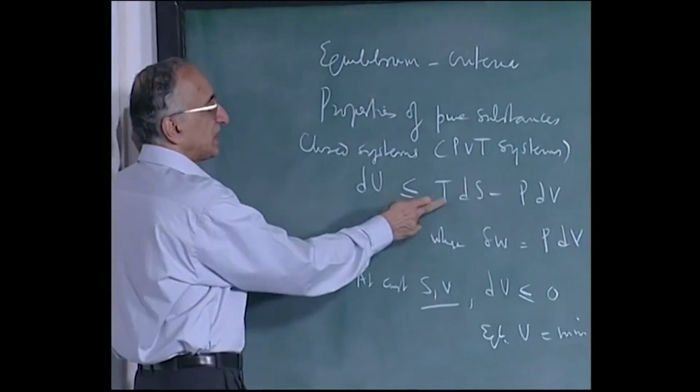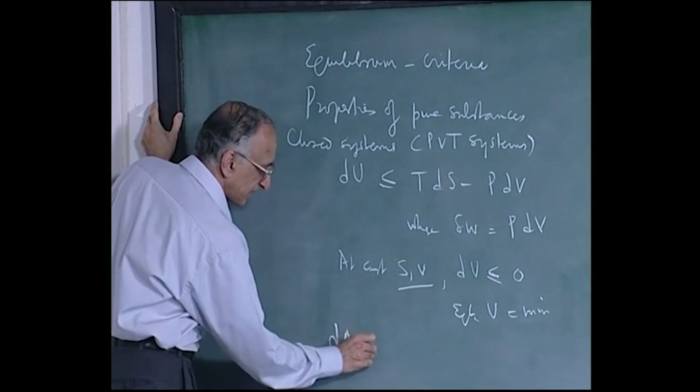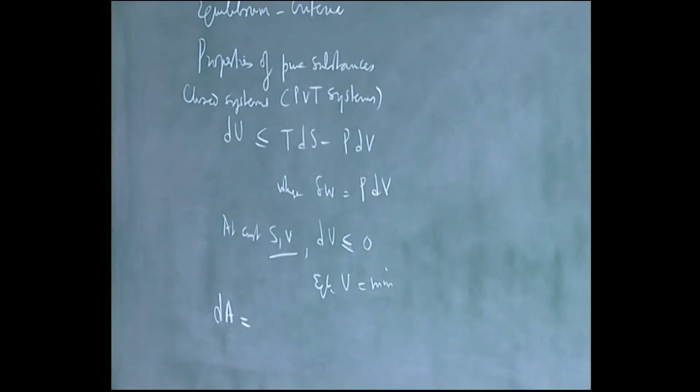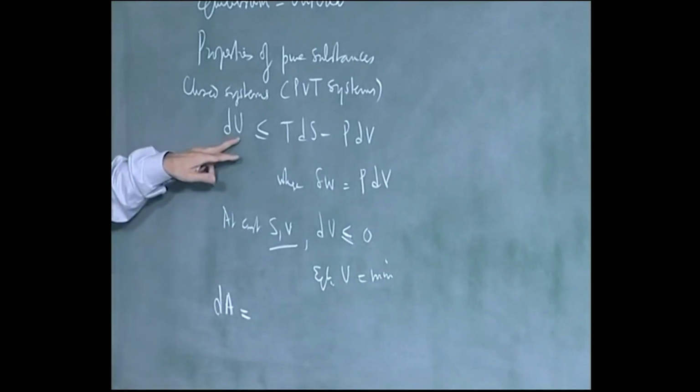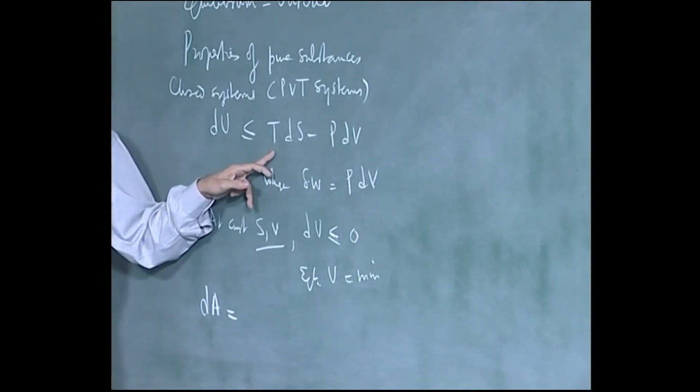You can see similarly, if I now rewrite this as dA, A is U minus TS, so I will have d of (U minus TS) is less than or equal to this minus d of TS.